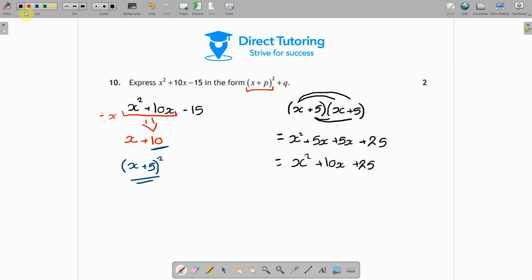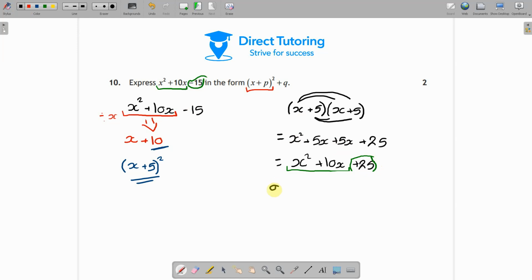Now, you can do a checklist and you can say, have I done it right so far? If you have, these two terms here should be exactly the same as what you started with. The only difference should be this value here and this value here.